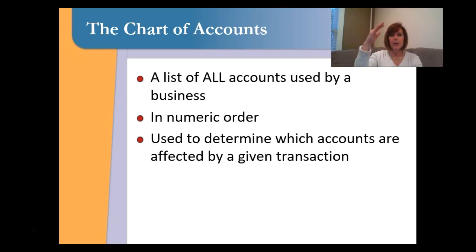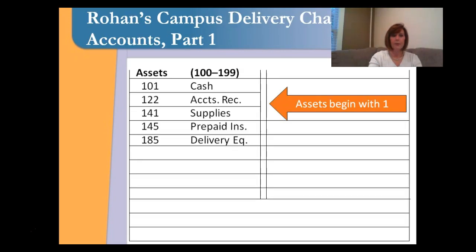Based on the numbers, they will be classified in a way that like accounts appear with similar numbers. So you'll have your assets, which will be together in the way that they are sequentially numbered. So here's an example, and assets begin with 1. So 1 to 199 are assets for Rohan's Campus Delivery chart of accounts.